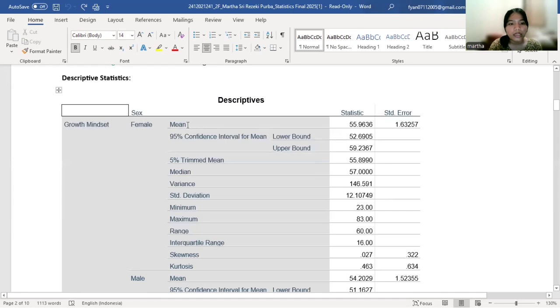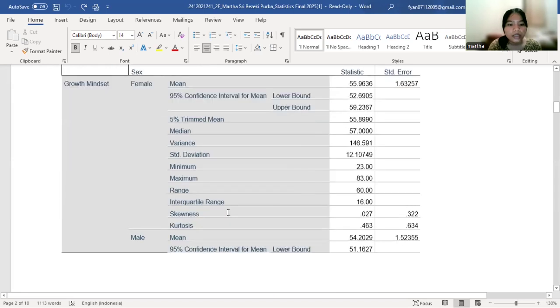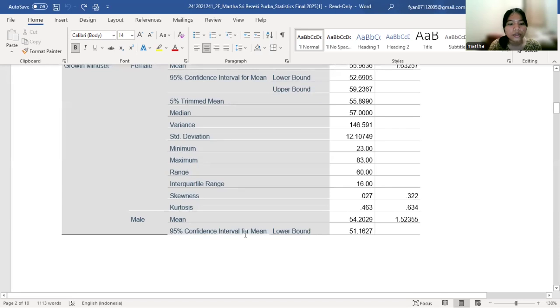In here, the mean score of female is 55.996, and then the mean score of the male group is 54.20.